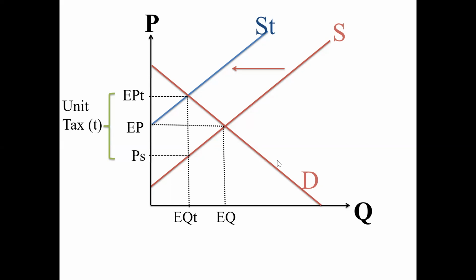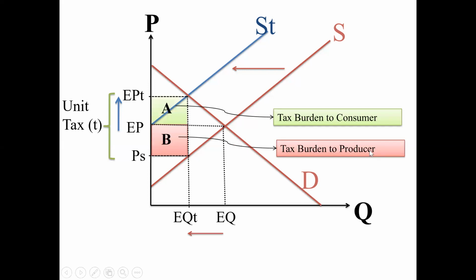Then mark these two areas: part A is the tax burden to the consumer and part B is the tax burden to the producer.